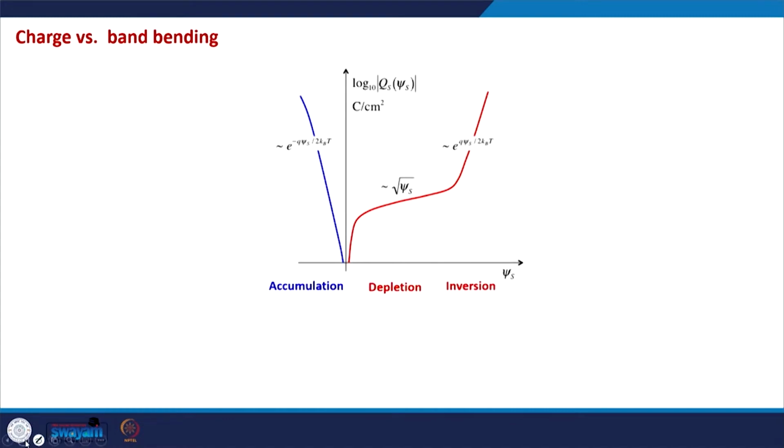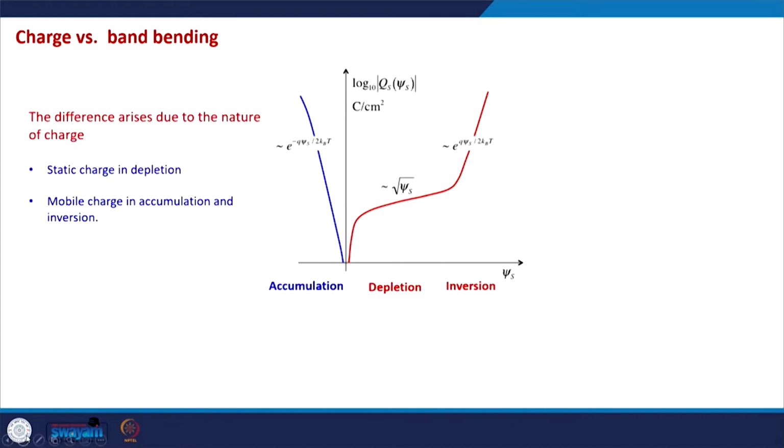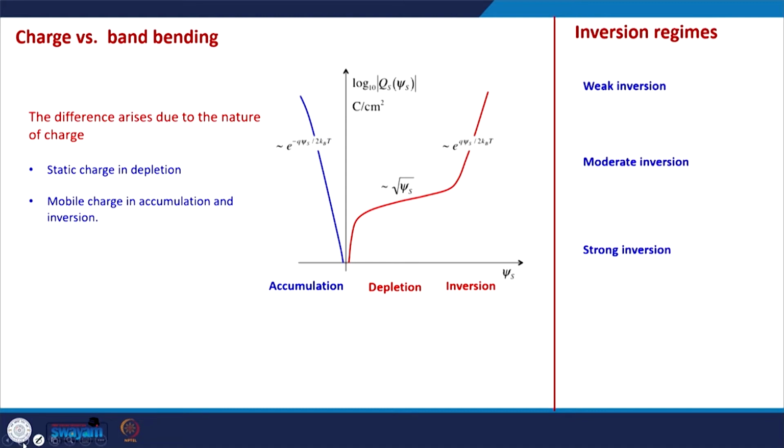But before going into that discussion, let's quickly recall what happens in various regimes. So these are the various regimes: this is the accumulation, this is depletion, and this is the inversion regime.